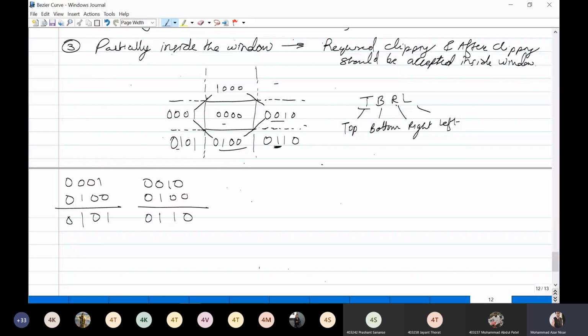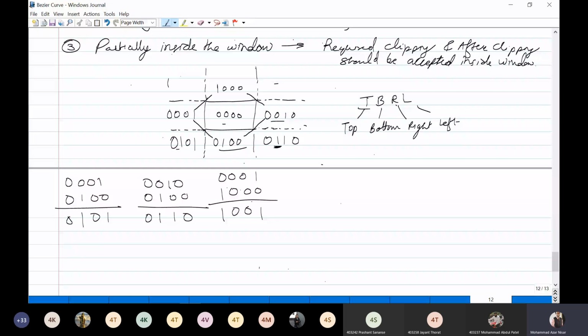Same for here, again I will write down that, 0001 and 1000, you will get 1001. Okay, write down that 1001.